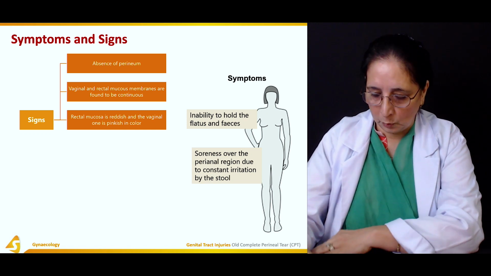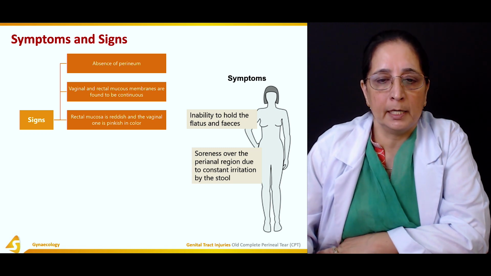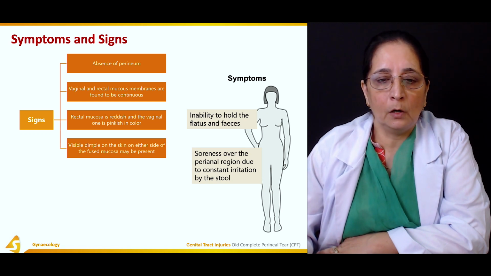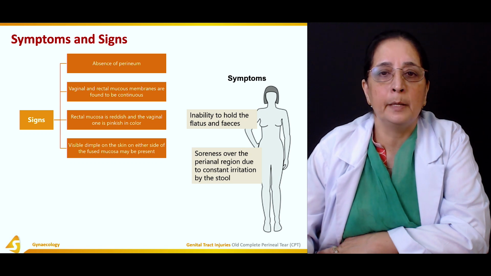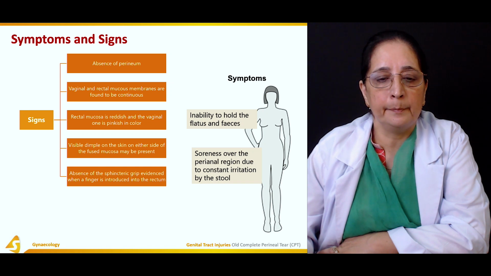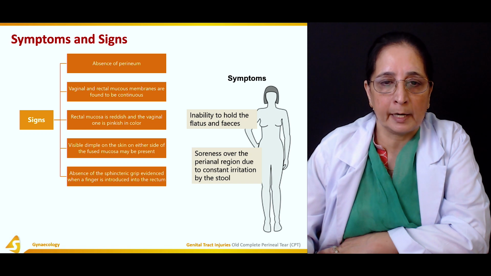Rectal mucosa is reddish and the vaginal mucosa is pinkish in color. Visible dimple on the skin on either side of the fused mucosa may be present. Absence of the sphincteric grip, evident when the finger is introduced into the rectum.